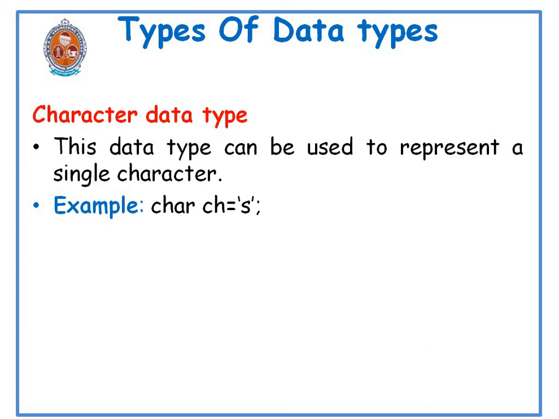Coming to the character data type, what is a character? A character is anything that can be represented within single quotes. So the character data type can be used to represent a single character. For example, char ch equals 's', where char is a data type, ch is a variable name, and s is a value.